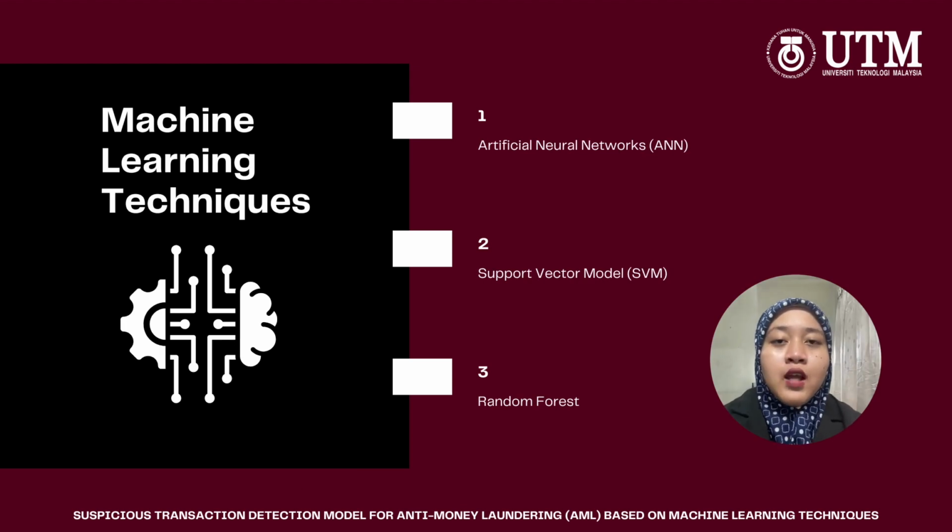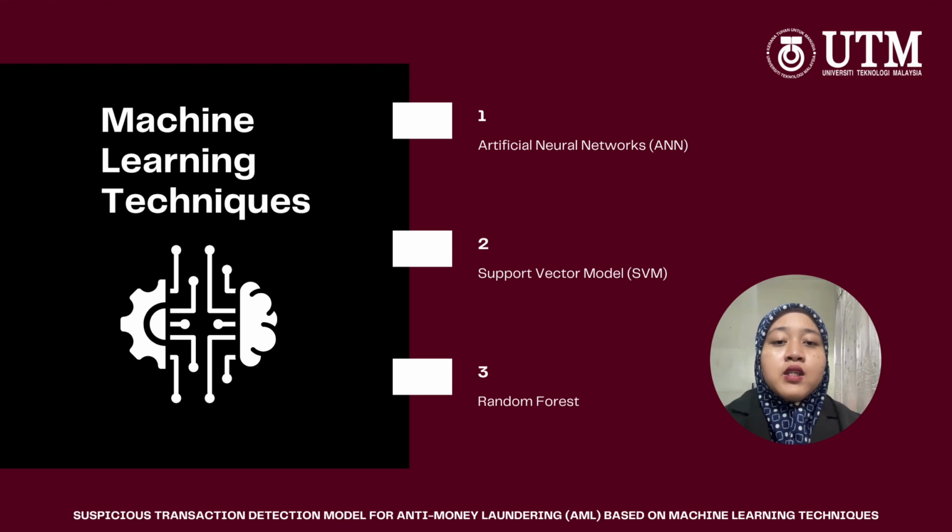Next, I'll be explaining the machine learning techniques in this research. I have chosen three, and the first one is artificial neural networks, ANN. ANN is a machine learning technique that is also part of deep learning, because it uses a few principles to discover connectionism.